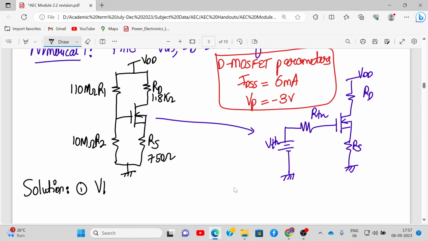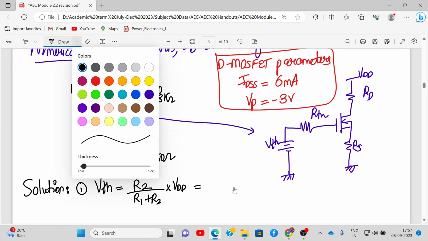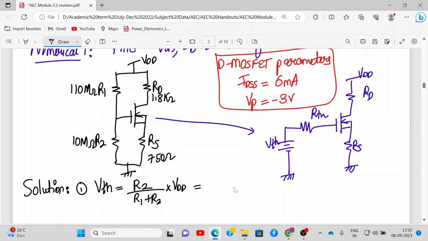VTH is R2 upon R1 plus R2 into VDD. So substitute the values, please. It will be 10 divided by 110 plus 10 into the VDD value, which is 18 volts. Can you tell me how much this is? 1.5.